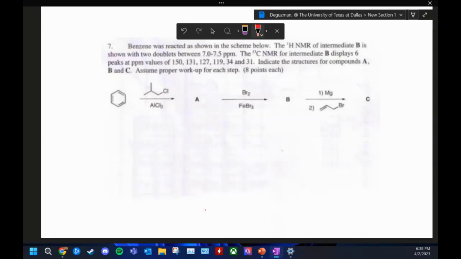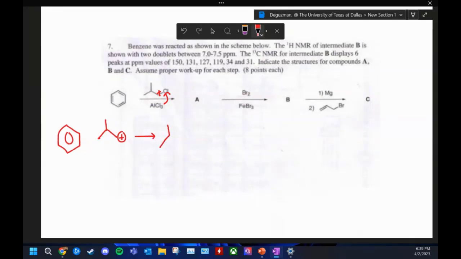Okay, so now remember, with Friedel-Crafts, the AlCl3 will remove that Cl, putting a positive charge at that carbon. So we have a benzene ring and the carbocation, just right here. Now, is this the most stable carbocation we can make? No, right? So because of that, we can do a rearrangement.